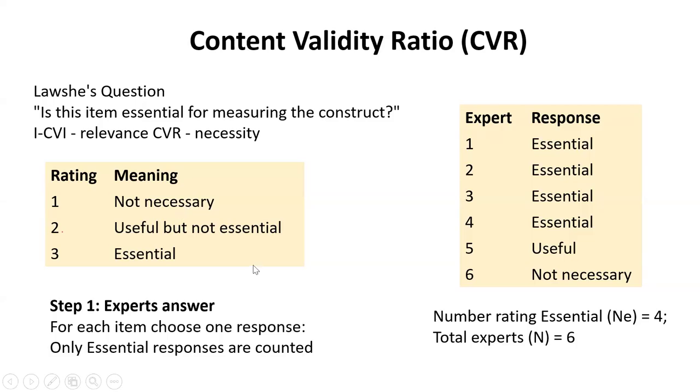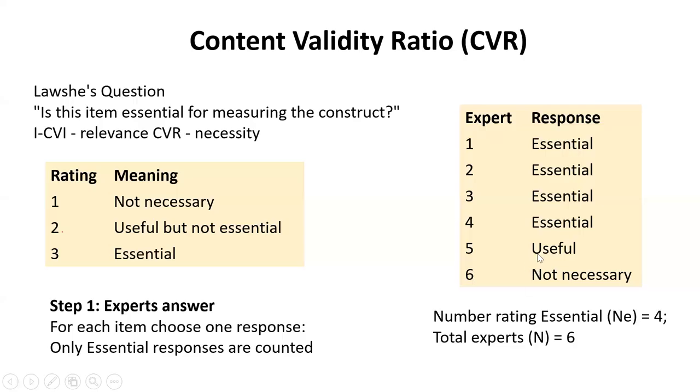So the experts have to choose whether the item is essential or not. So if your 6 experts for a particular item, question number 1, say that 4 experts say that it is essential.